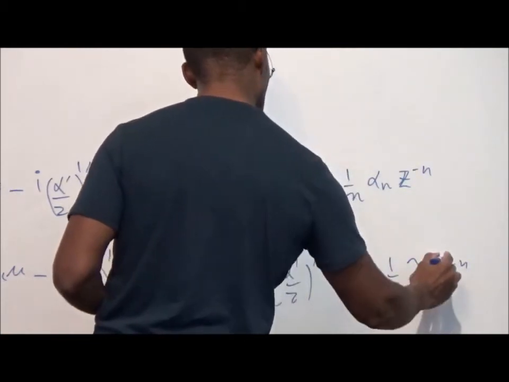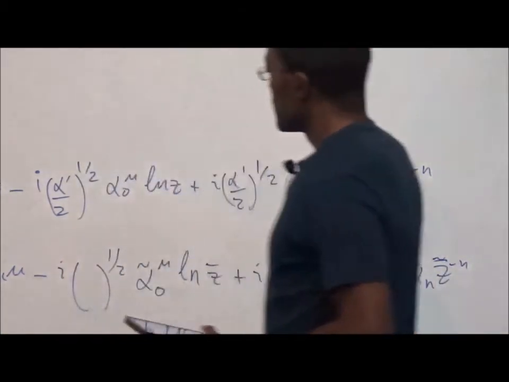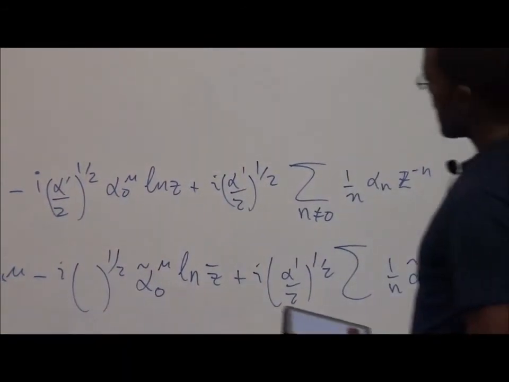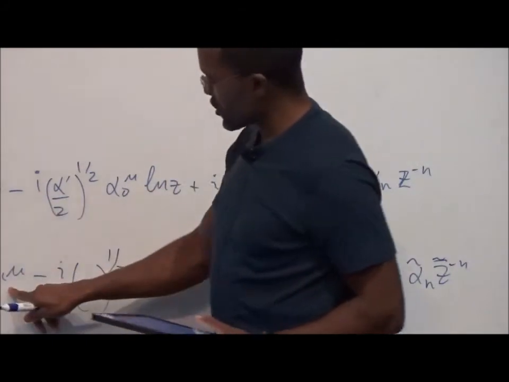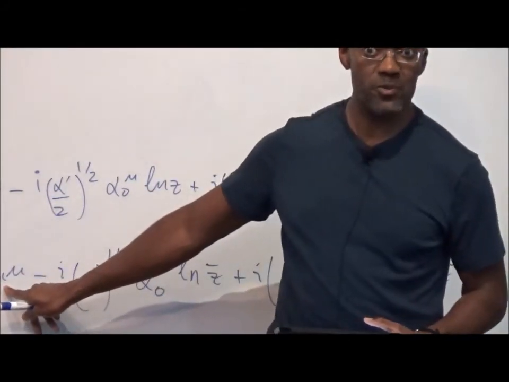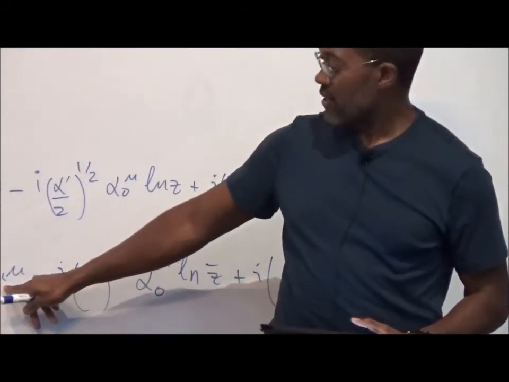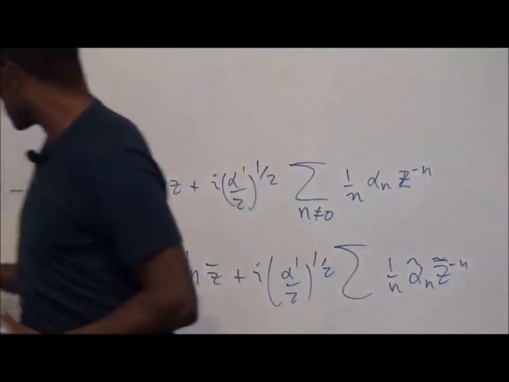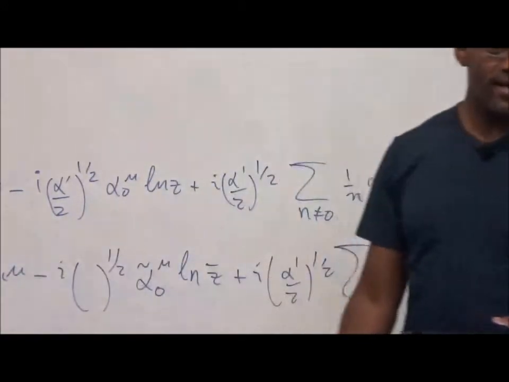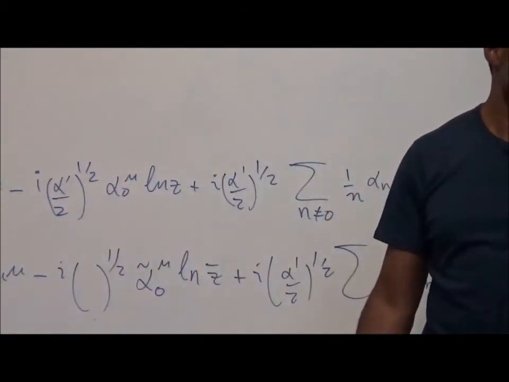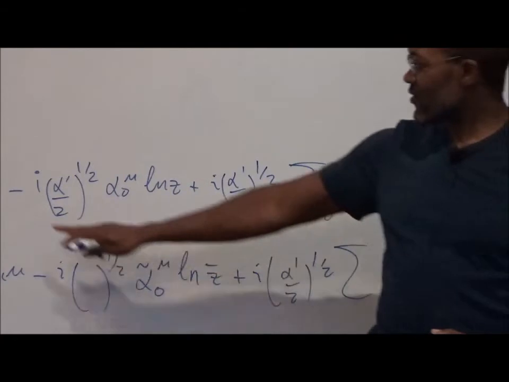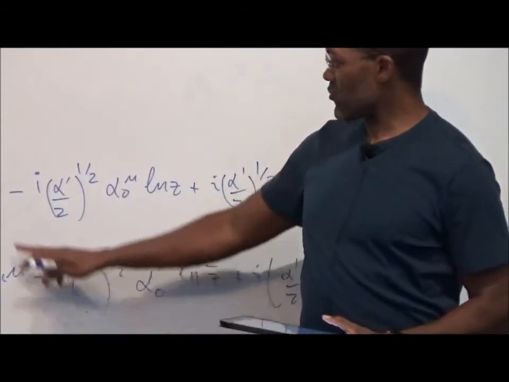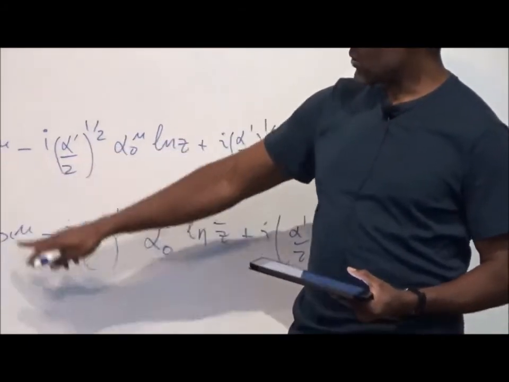So a choice has been made. There's one zero mode corresponding to the center of mass position of the string. When I add these two guys up to make this, it's just a thing I call x mu, and because I can and it doesn't really matter, I've taken half of it to be in there and half of it to be in there. I could have made 2/3 and a third, or what have you.